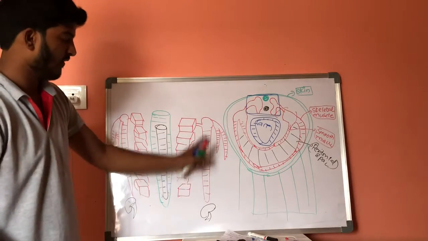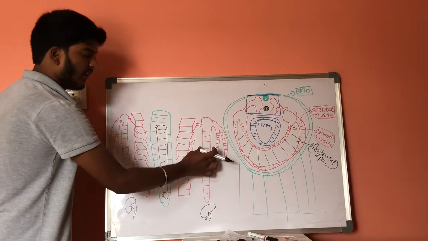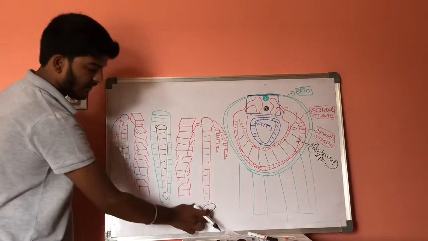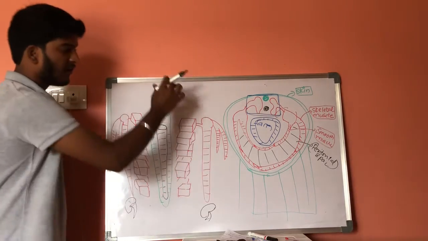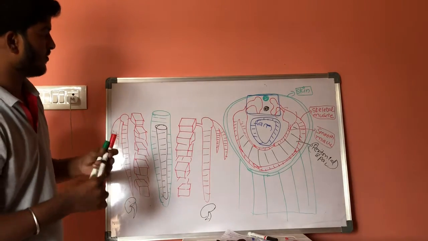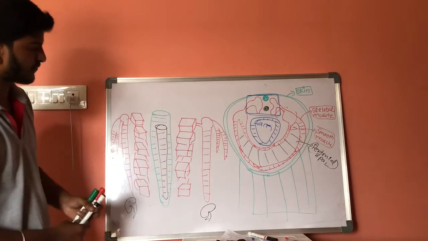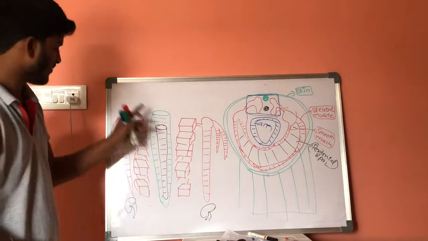So here we do not discuss the intermediate mesoderm, because it is involved in the formation of kidneys, but our topic is the musculoskeletal system.